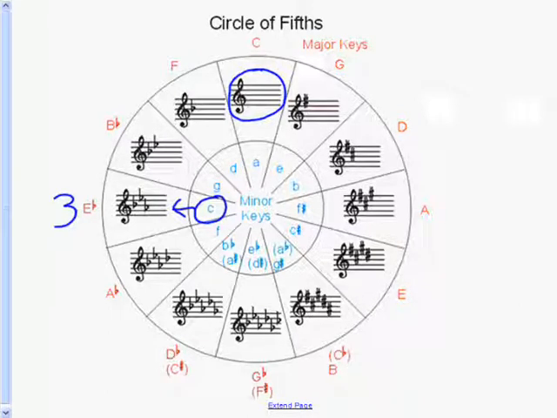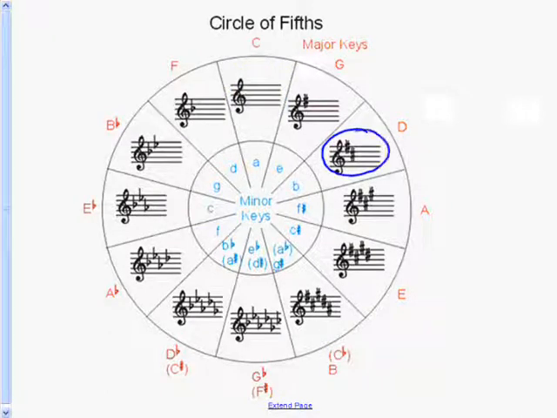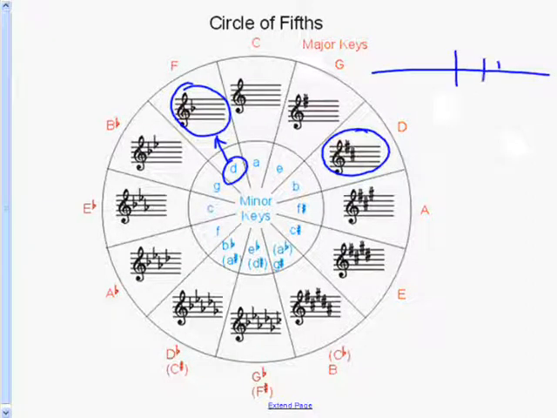In this case, if we did D, like right here, 2 sharps, we look here, D minor has 1 flat. So what we did is, it's kind of like a number line, with zero in the center, 1, 2, 3, and this is the flat side, this is the sharp side.